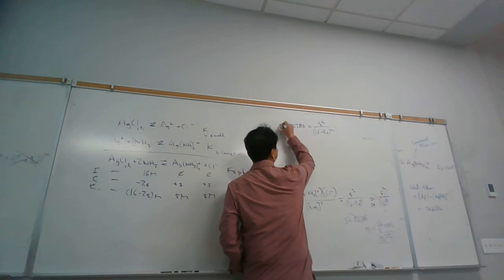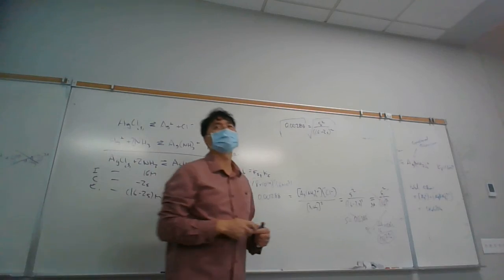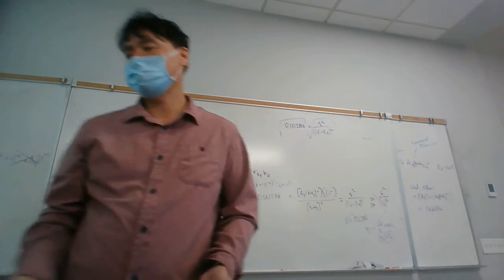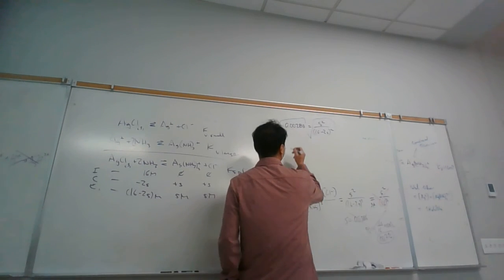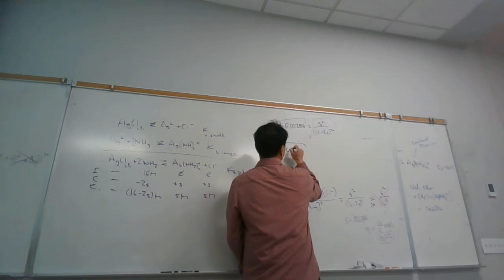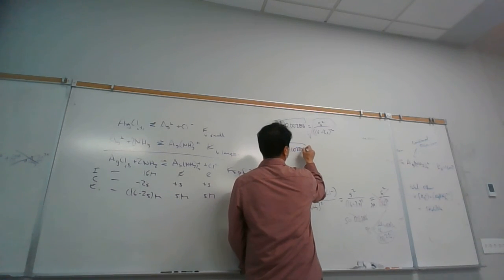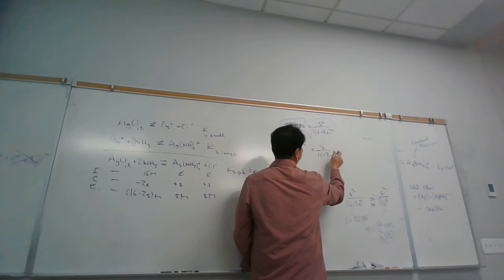The easier way is just to take the square root of both sides. You see that? Yeah. I know, I missed that too, because I don't use it that often. And so that means the square root of 0.00288 is equal to s over (16 minus 2s).